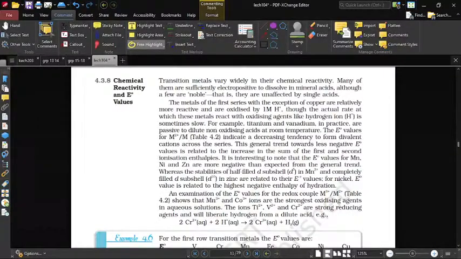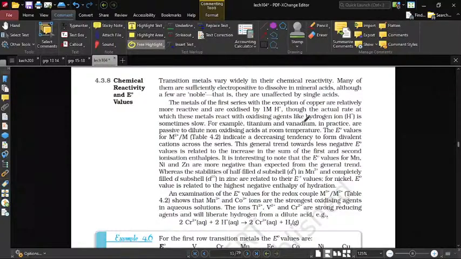The metals of the first series, with the exception of copper, are relatively more reactive and are oxidized by 1 molar H plus. Though the actual rate at which these metals react with oxidizing agents like H plus ion is sometimes slow.